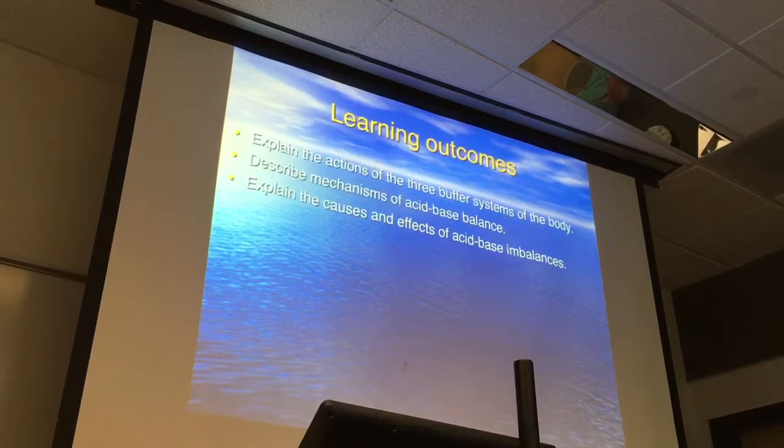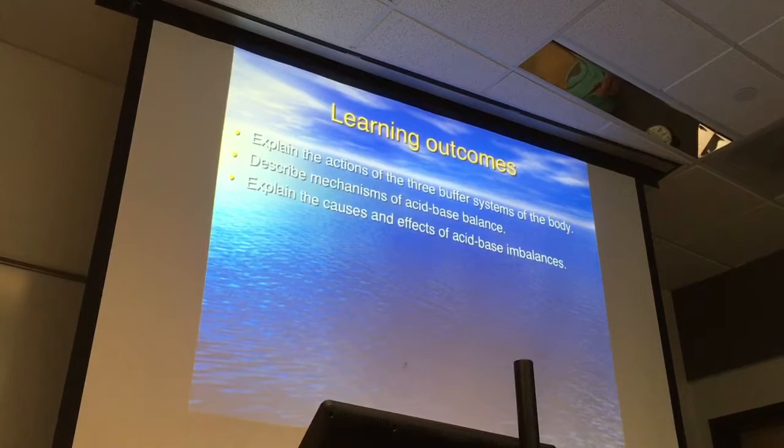There are 3 buffers in your body, and they work to maintain the pH of fluids in your body, and they work well. Describe the mechanisms of acid-base balance. Explain the causes and effects of acid-base imbalances.